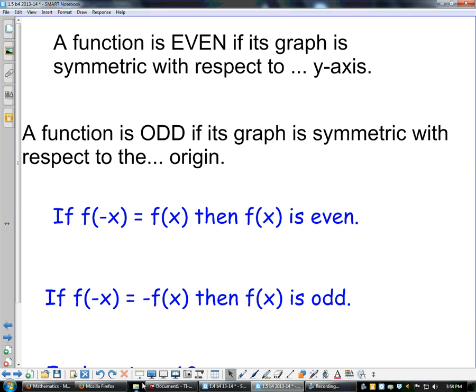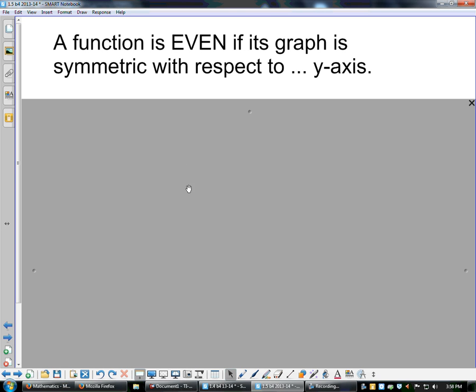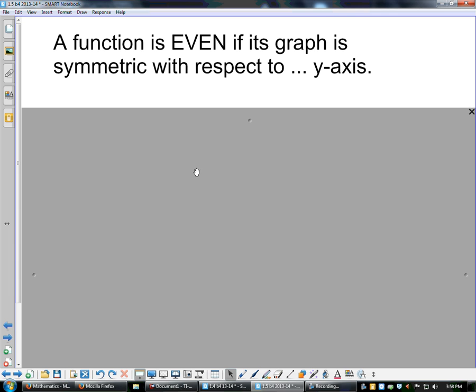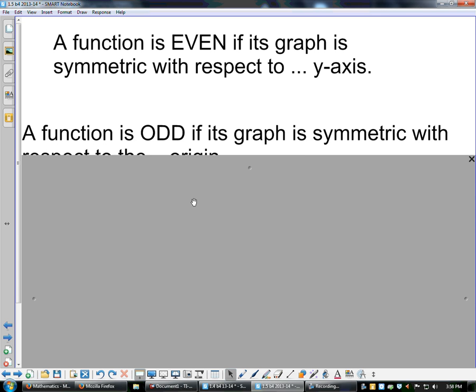All right, and let's look at this next concept. That's the whole idea with even versus odd. A function is even if its graph is symmetric with respect to the y-axis. So any function that has symmetry with respect to the y-axis is called an even function.